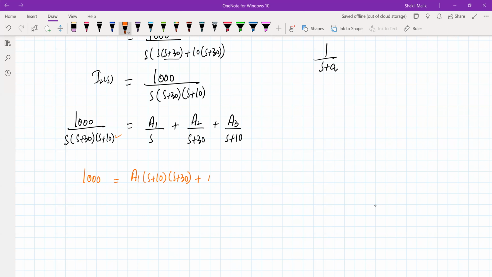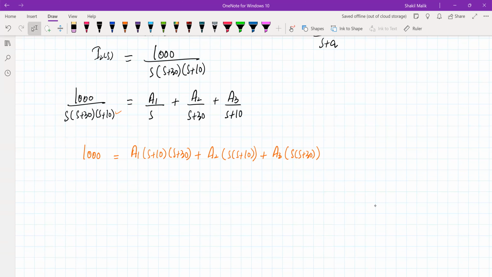In the second term, A2, s plus 30 gets cancelled, so we'll be left with s into s plus 10. And in the third term, we'll be left with s into s plus 30. Please check it. After we multiply by this denominator on both sides, we're left with this.